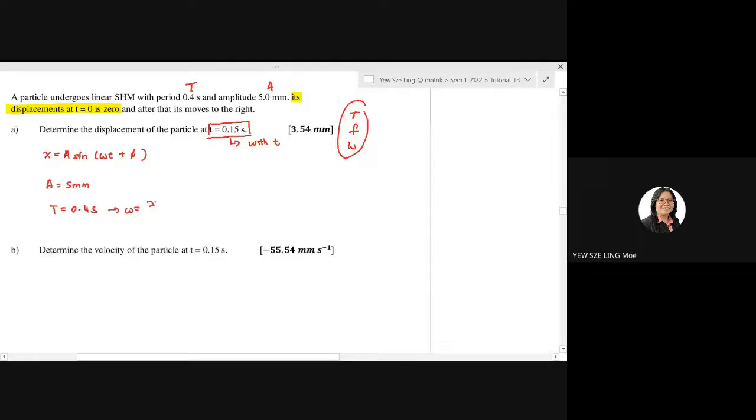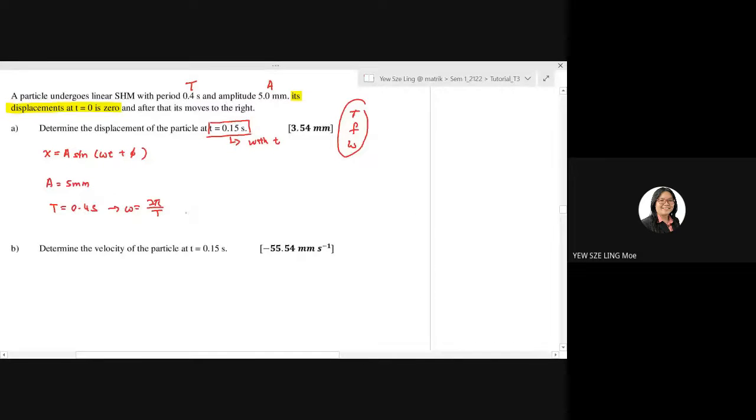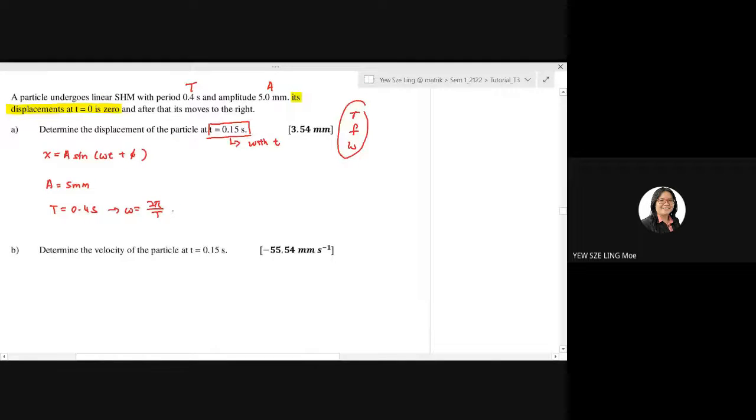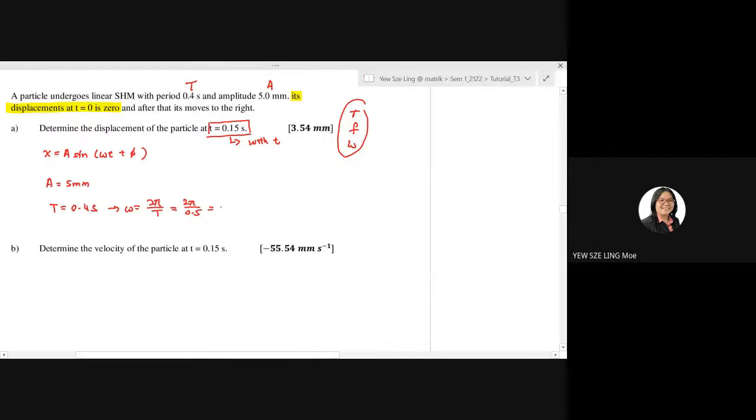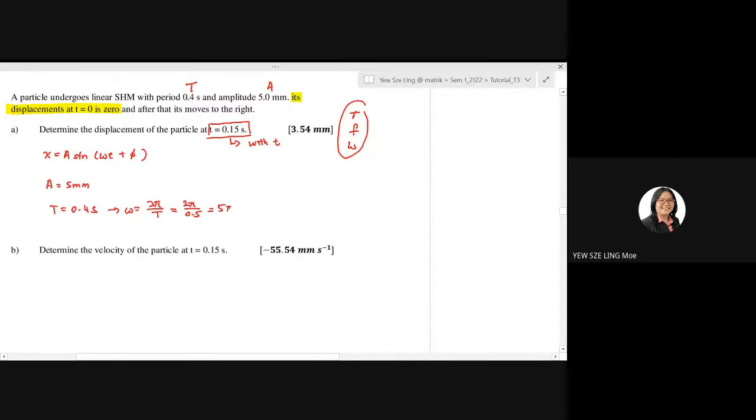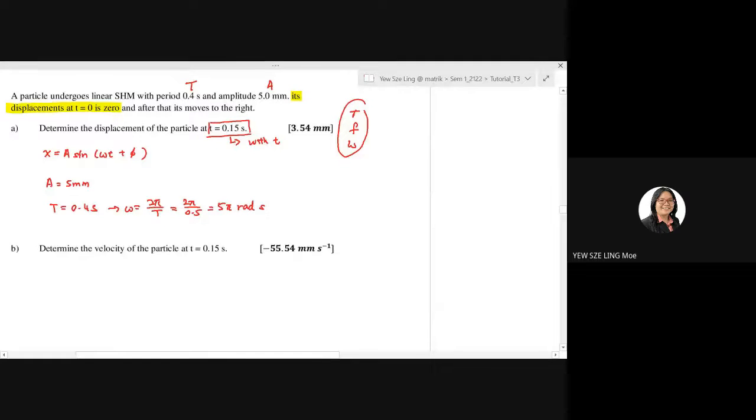Omega equals 2 pi over T. Therefore we have 2 pi over 0.4, which equals 5 pi radian per second.